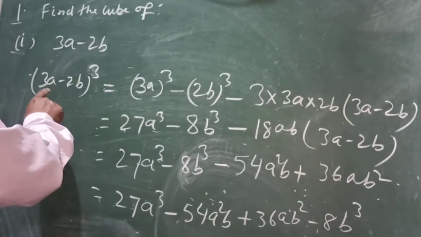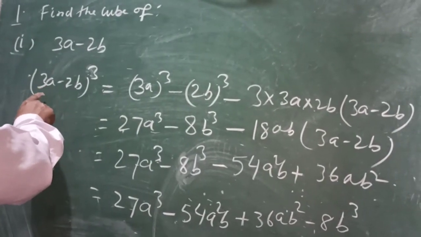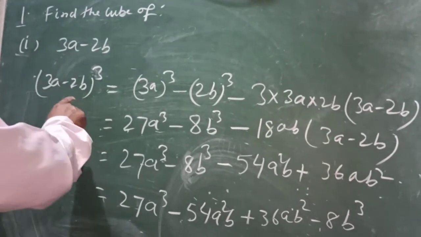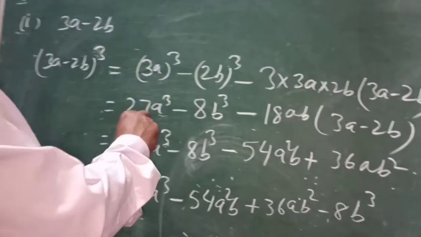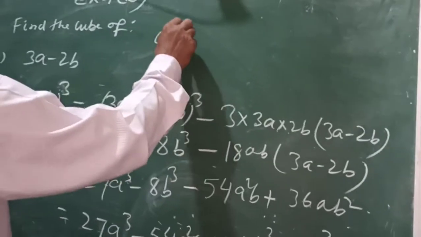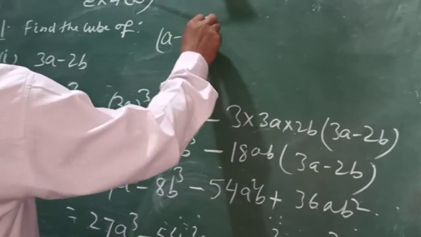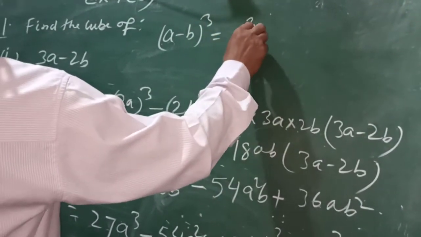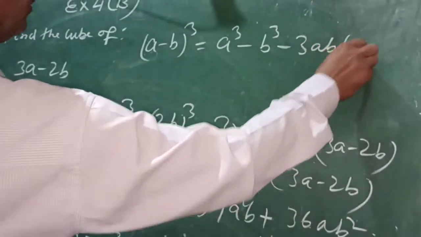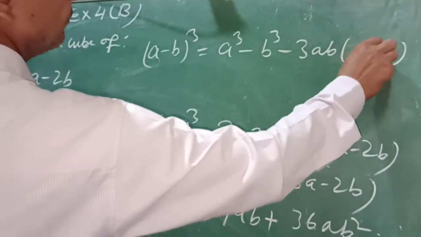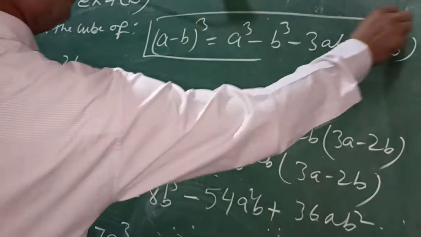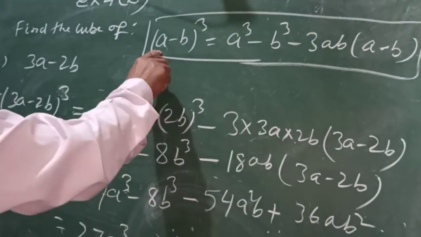In place of a you can write 3a, and in place of b write 2b. According to the formula, a minus b whole cube is equal to a cube minus b cube minus 3ab into a minus b. According to the formula, put the values in place of a and b here.